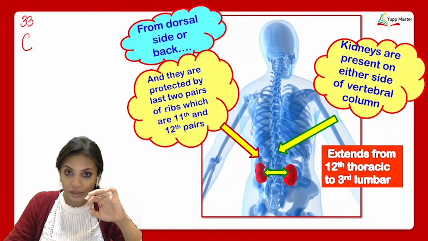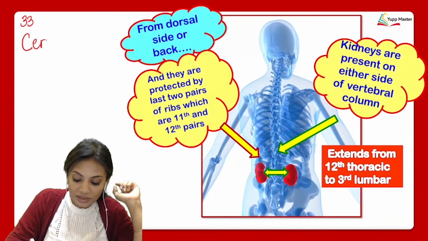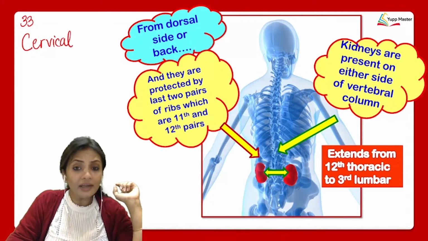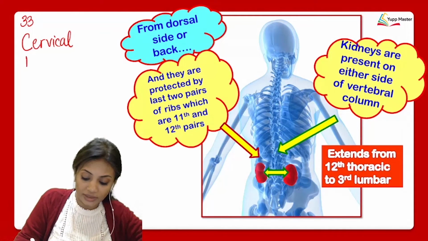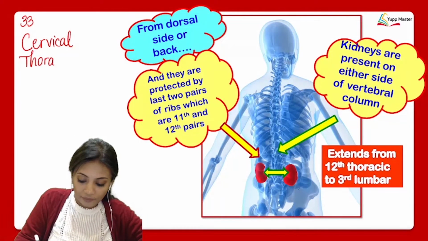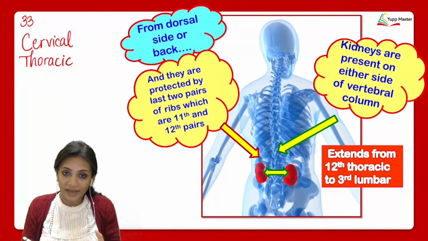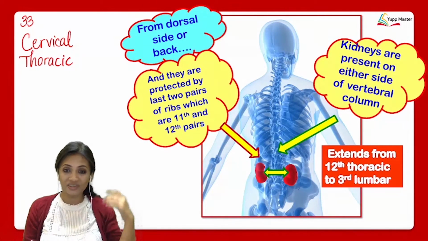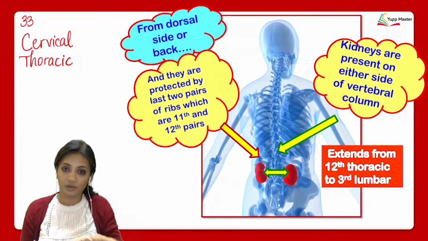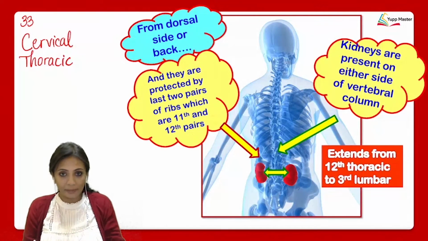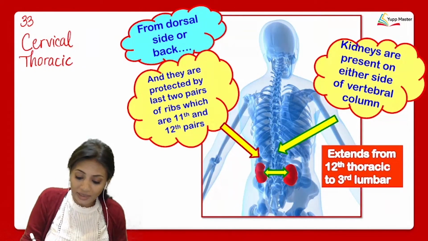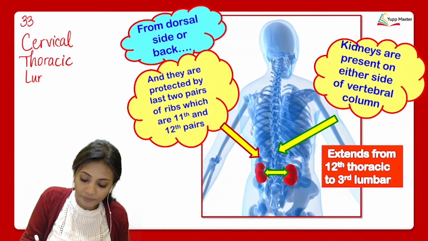Cervical. Then you have another set called the thoracic. This word thoracic basically means the thorax, so these are the vertebrae present in your thoracic region. Then comes the lower back, which we call the lumbar vertebrae.